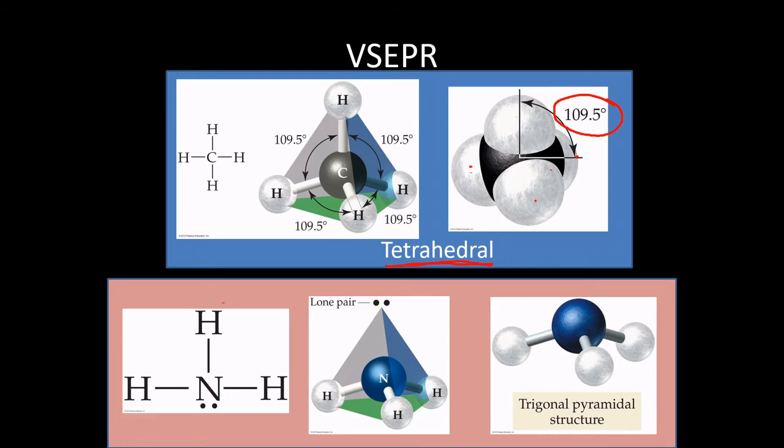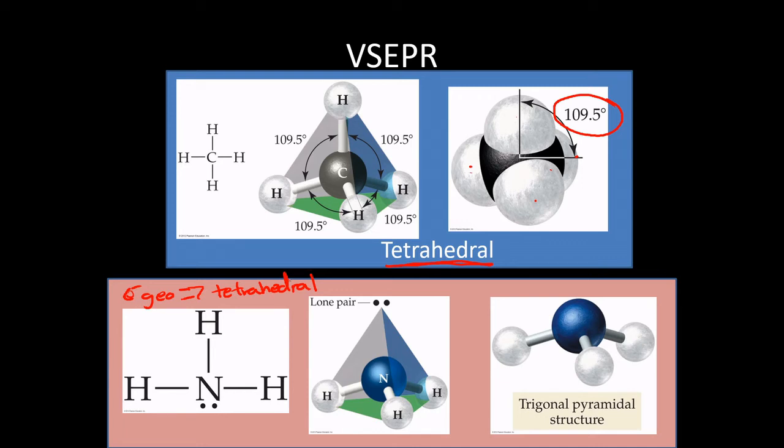Now the electron geometry does not change. So the electron geometry in this situation is still tetrahedral. And that will never change. If you have 4 groups on the central atom, the electron geometry is always tetrahedral.